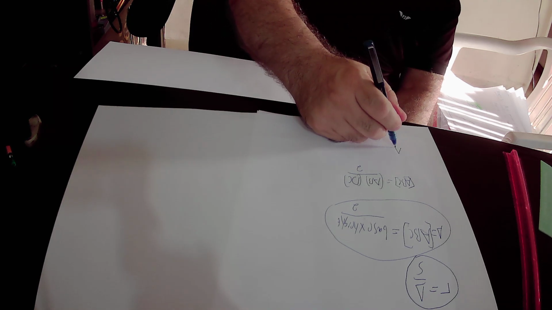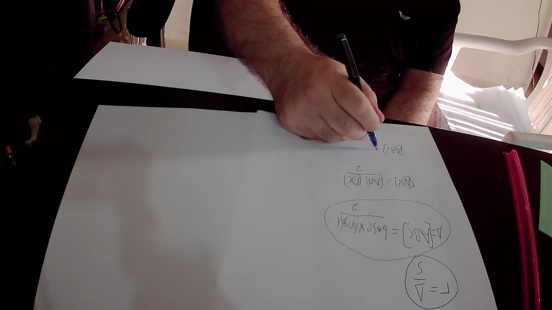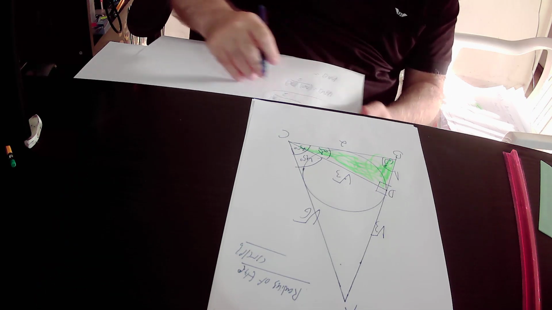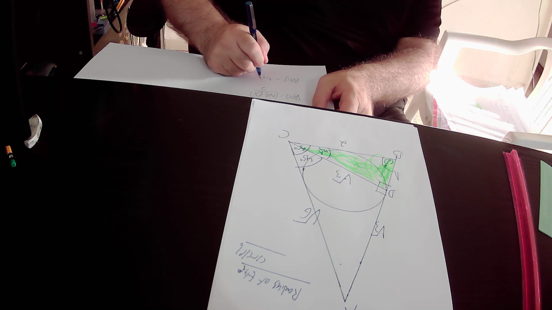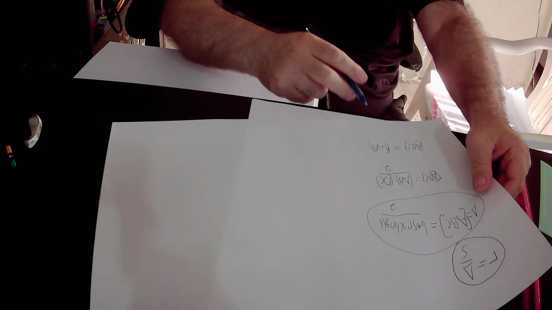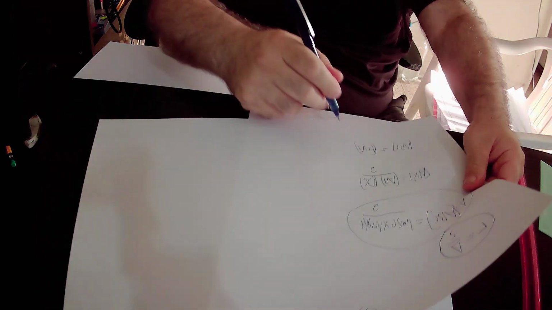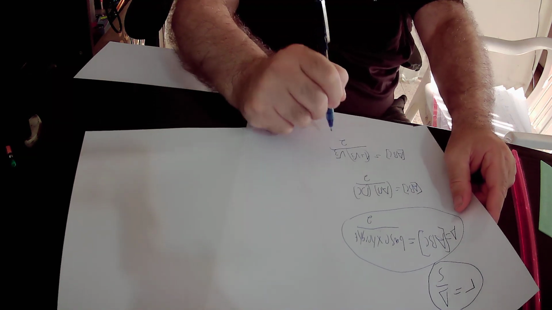So the area of triangle ABC will be equal to AB. AB is 1 plus square root of 3 units, times DC. DC equals square root of 3 units, over 2.